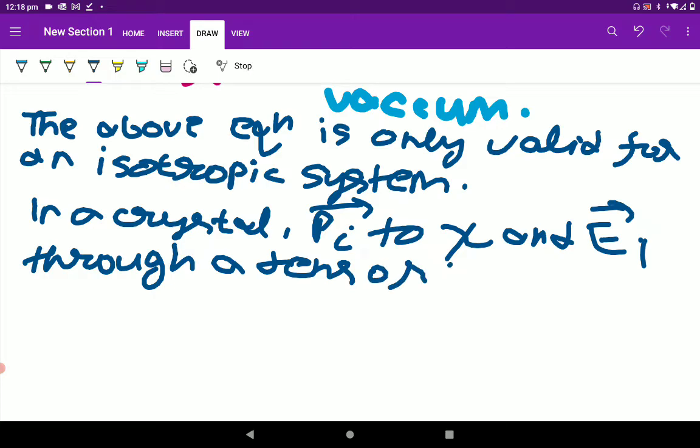Given by this equation, that is, a sum over j.